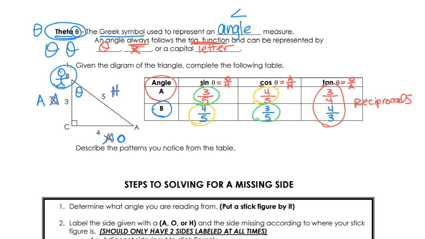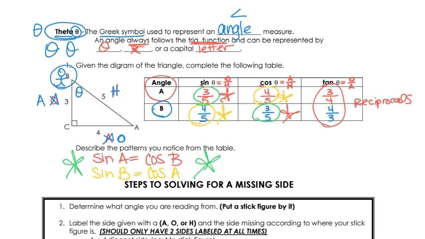And so what we can say is that sine of A is equal to, that's this one, the cosine of B. We can also say that the sine of B, which is this one, is equal to the cosine of A. All right, and that we will talk about in a few days. They're actually known as co-functions, hence the co in front of sine, you get cosine.